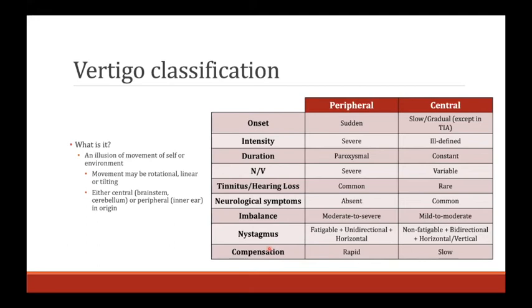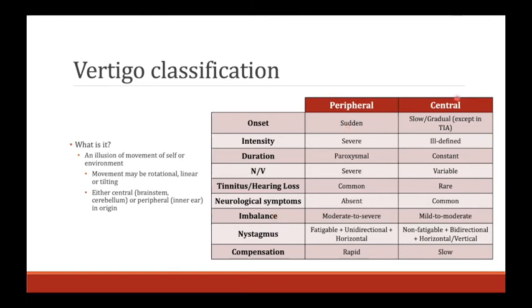Compensation also refers to how the patient reacts to the scenario. For instance, if a patient has BPPV, are they able to steady themselves and keep themselves standing without moving around too much? Do they trip? In someone with peripheral vertigo, they're able to understand that something is clearly not right, and they're able to hold on to something and make sure they don't fall or hit their head anywhere.